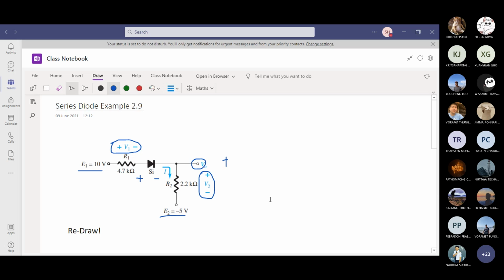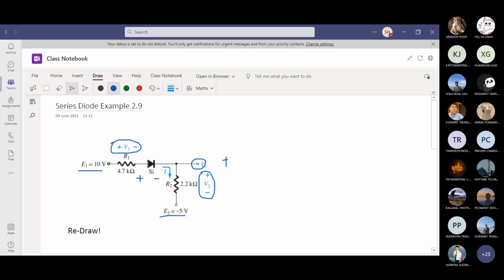How do you solve this kind of circuit? First of all, what I told you is you must determine whether the diode is on or off. You have to look at the surrounding. There are plus volts on the left side, minus volts on the other, but it may be the case that this side is net positive and this side is net negative.